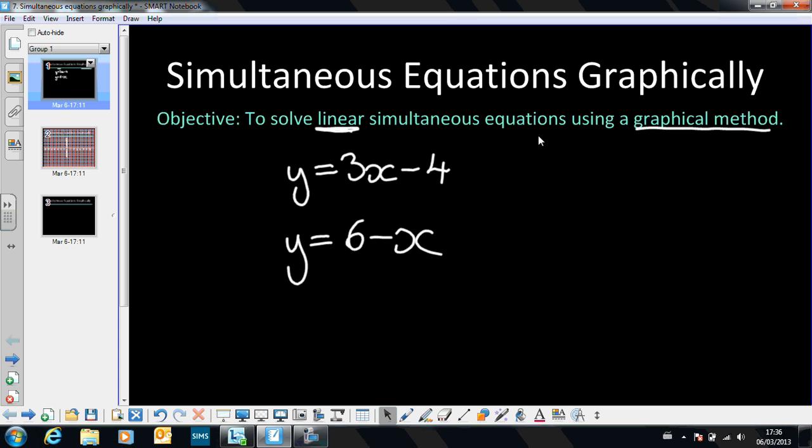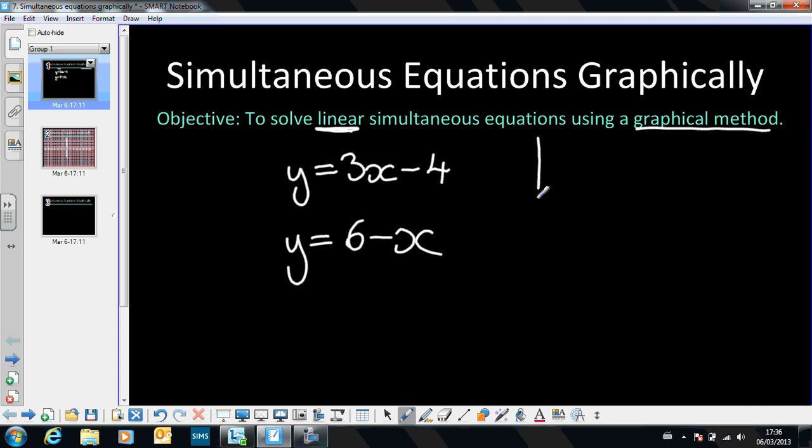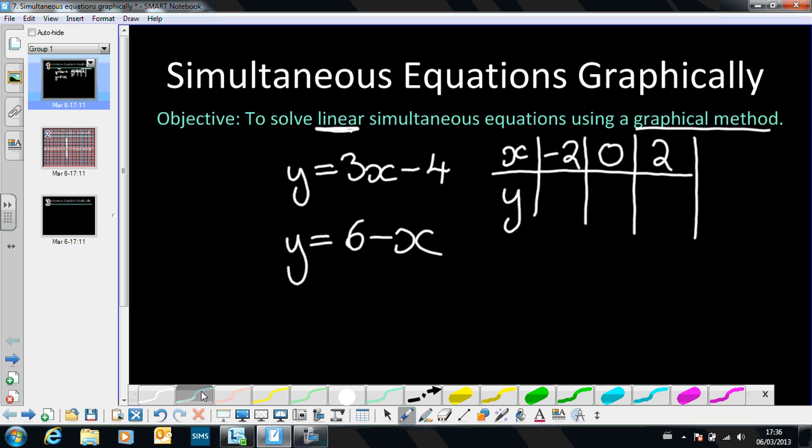I'm going to pick some values. So I'm just going to do the first equation. I'm going to pick some values for x and work out the corresponding value for y. So I'm going to pick the values -2, 0, and 2. I could pick absolutely any values that I wanted.